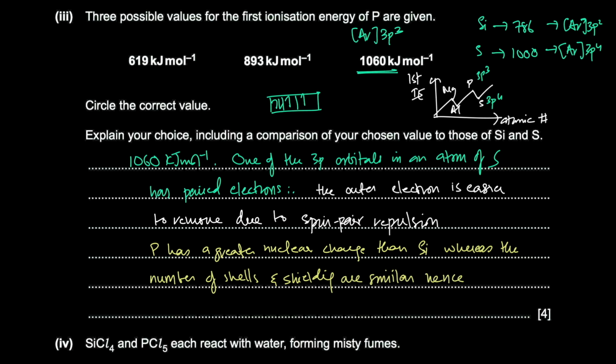Hence, the valence electrons in phosphorus experience a stronger nuclear attraction. Okay, the valence electrons in phosphorus experience a stronger nuclear attraction.